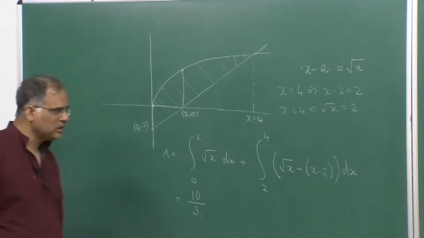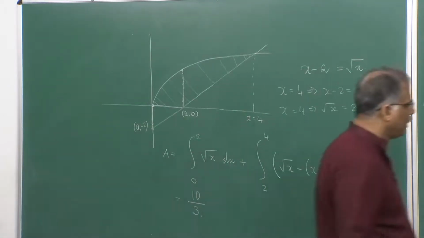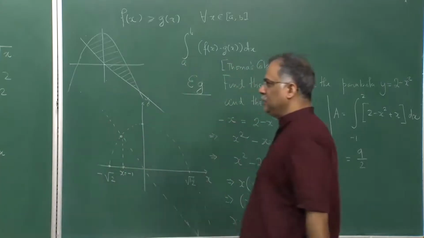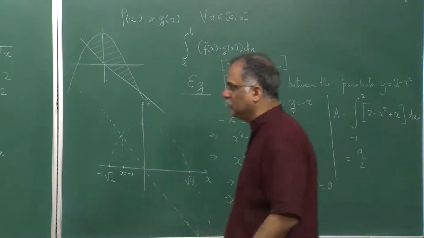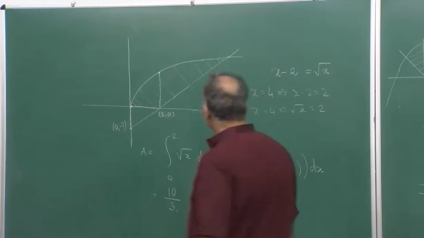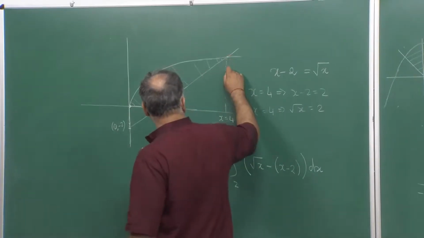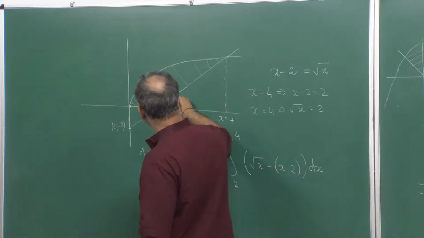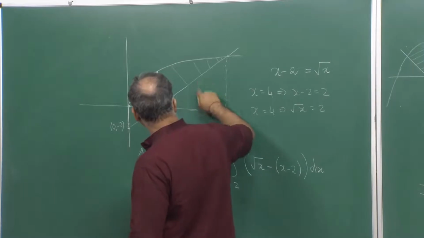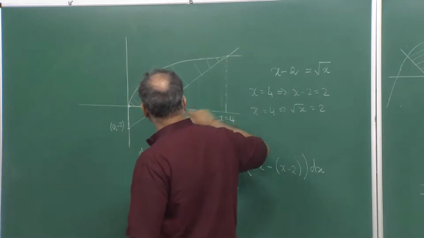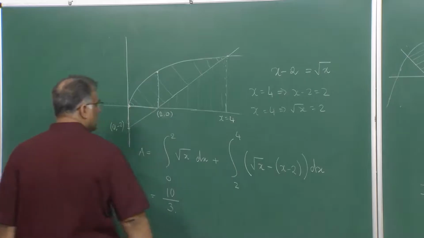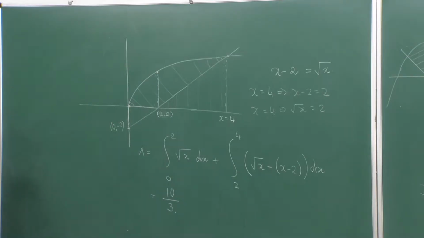Now, you can do it in a slightly different way also in this particular case, because if you observe it very carefully, this is a triangle actually. This triangle has length 2 and height 4.